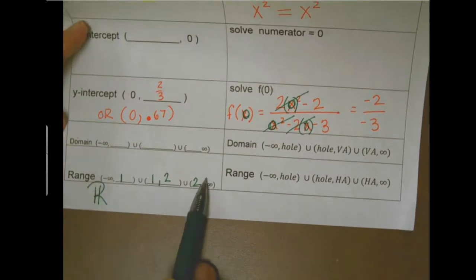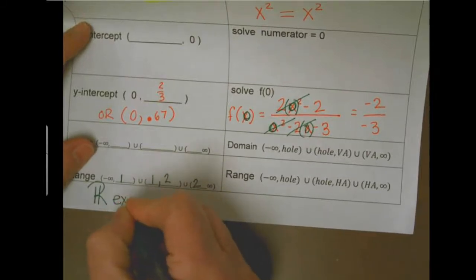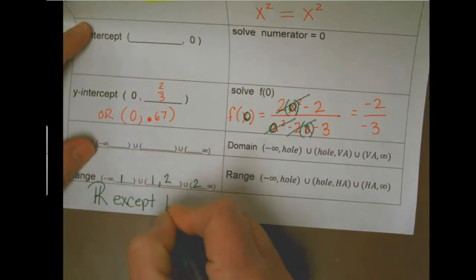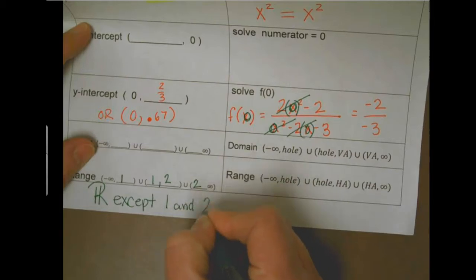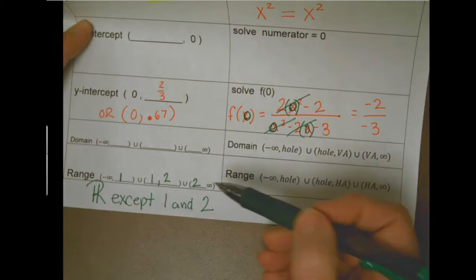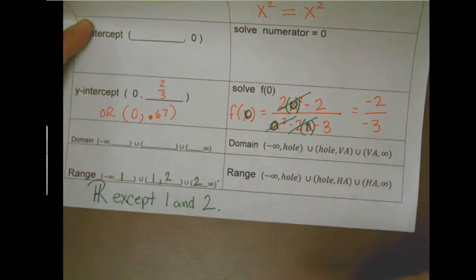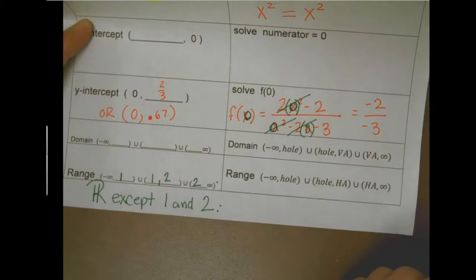So instead of writing it down this complicated way, we can say all real numbers except the hole and the asymptote. You like that way better? This is the y part of the hole. This is the horizontal asymptote. Interval notation, and even though it doesn't have an inequality sign, this is like inequality notation. You can write the answer in either form. I would assume most of you will choose the second form. Am I right? Okay.